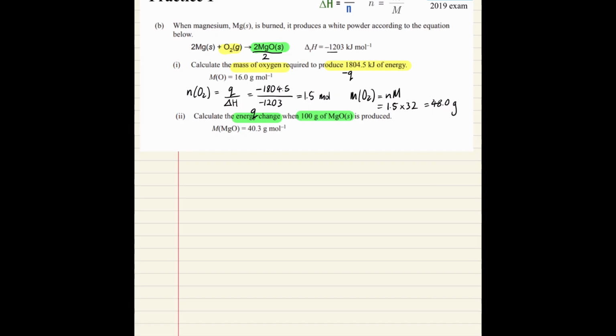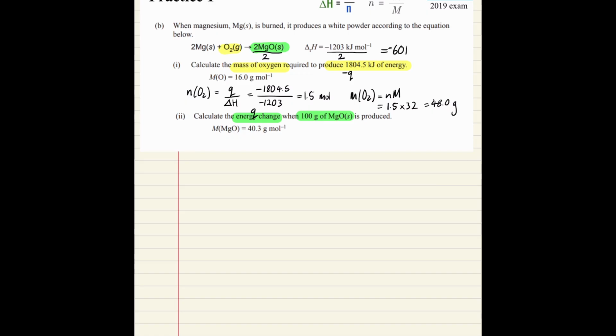But I also need to figure out if 2 moles of magnesium oxide produces 1200 kilojoules, then if I only have 1 mole of magnesium oxide, it's going to produce half of that. So my delta H for 1 mole of magnesium oxide is 1203 divided by 2, which is 601.